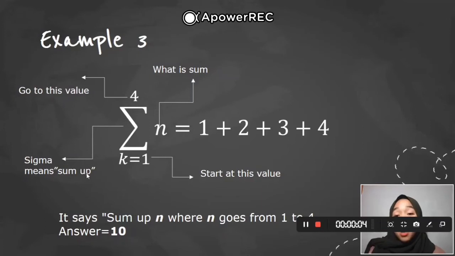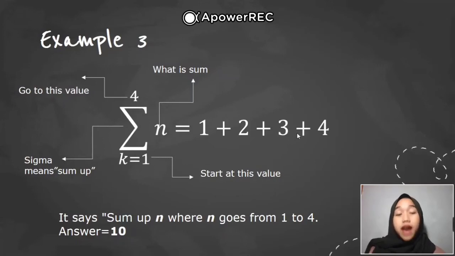Sigma means sum up, and k equals 1 is where we start. Starting at k equals 1, it is 1 plus 2 plus 3 plus 4. It says sum up k, where k goes from 1 to 4, and the answer is 10.